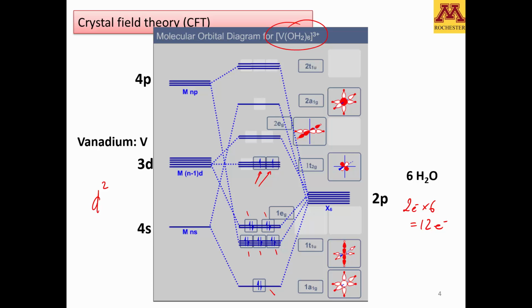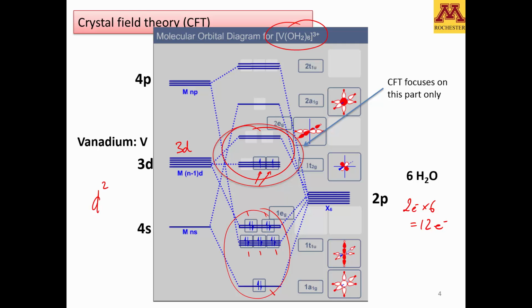So notice that these electrons pretty much belong to water, and the 2 electrons are mostly the metal. So the crystal field theory will focus between the HOMO and the LUMO. We'll focus on these 2 molecular orbital energy levels, which are the 3d orbitals, it could be 4d or 5d, that stop being degenerate and are now split in 2 different levels.